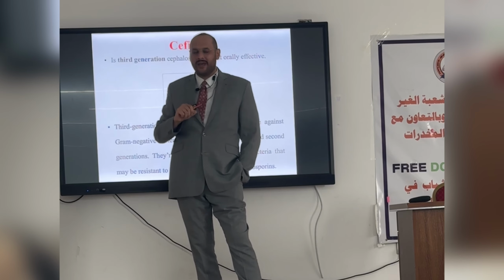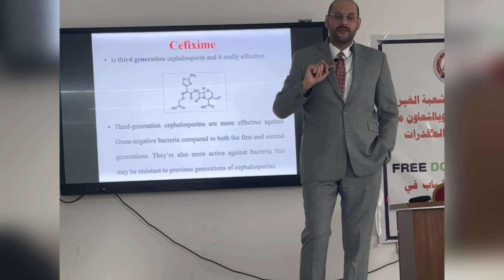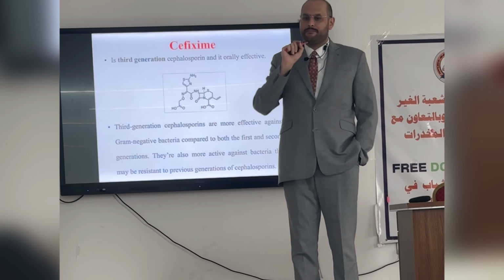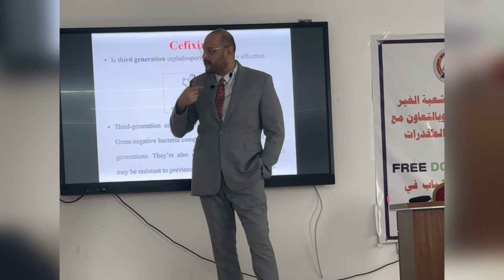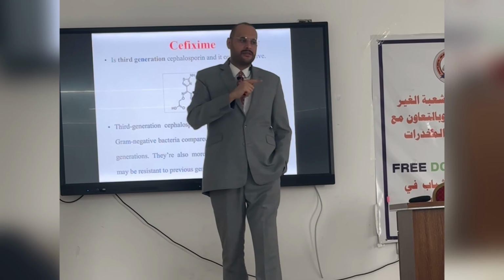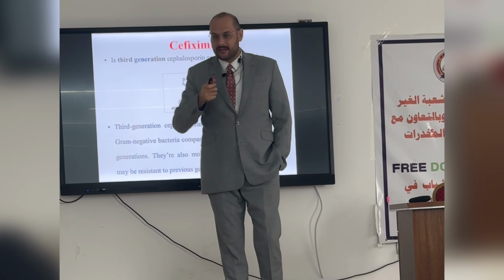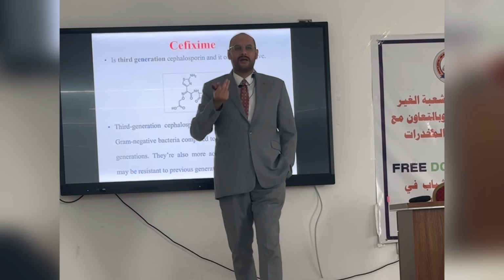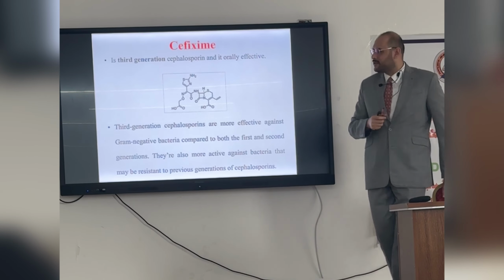And then we have another point that we discussed in the last lecture, PBP, penicillin binding protein. Of course we say binding of the drug to the penicillin binding protein, but not always this binding is successful. So if you don't have successful binding of PBP to the drug, we have resistance.